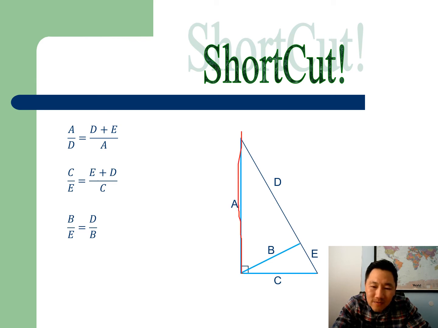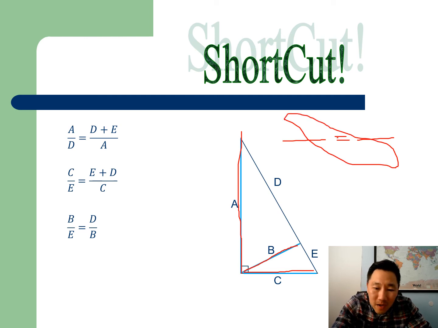This line, and this line. Those are going to be the geometric means. They're the ones where, when you write out the proportion, they're going to be the same.